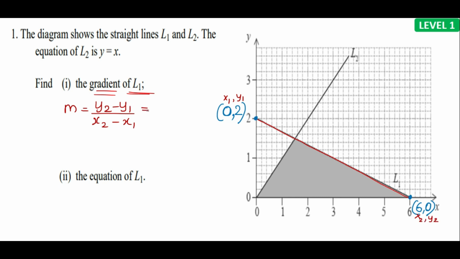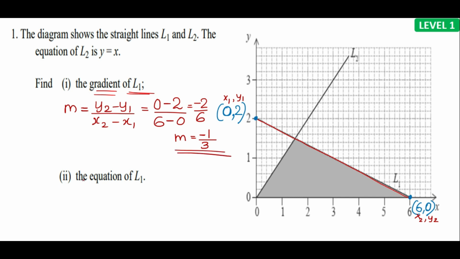Substituting into the formula for the gradient, my y2 is 0, 0 minus 2, my y1 is 2 here, over x2 is 6 minus x1 is 0, giving me negative 2 over 6. So my gradient simplified gives me negative 1 over 3.